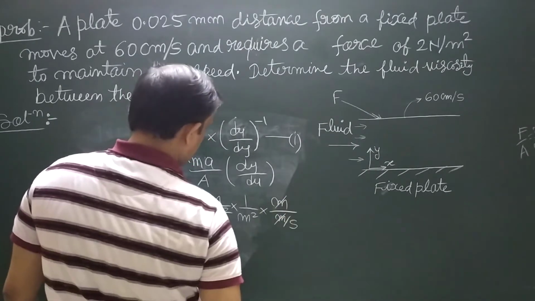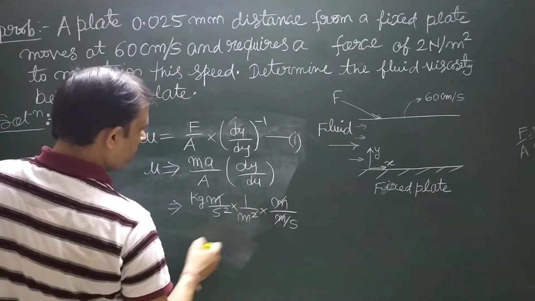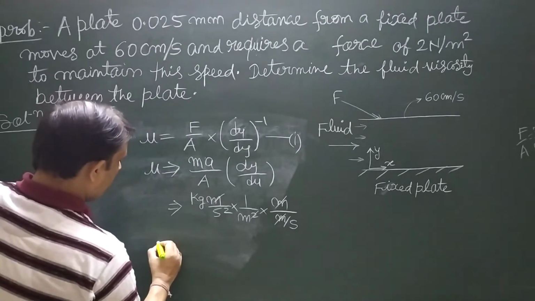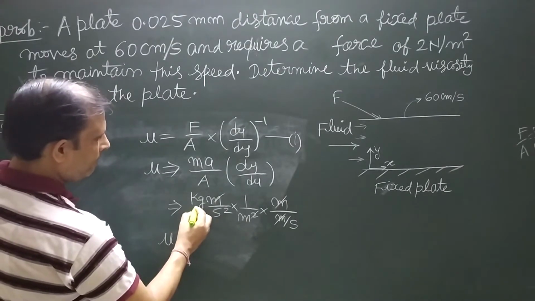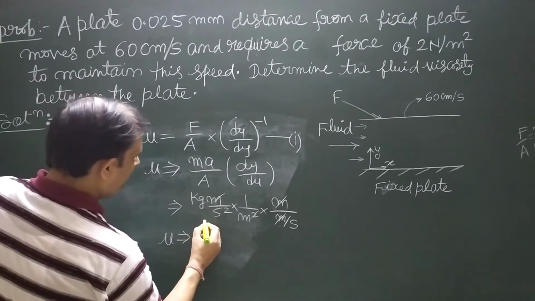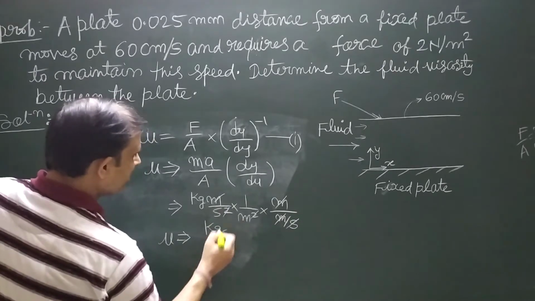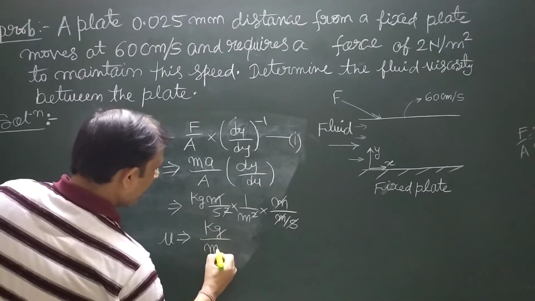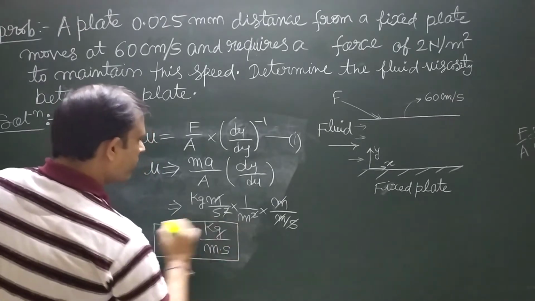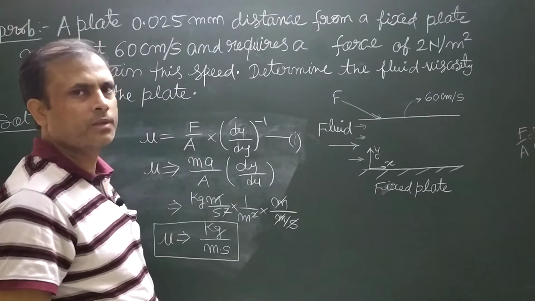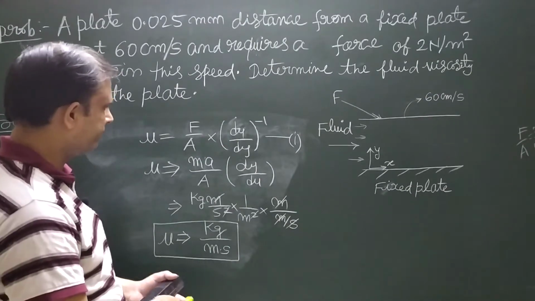Meter will cancel out, and this other meter will also cancel out. So the unit of mu will be kilogram per meter second. This is another unit of viscosity in MKS or SI units.